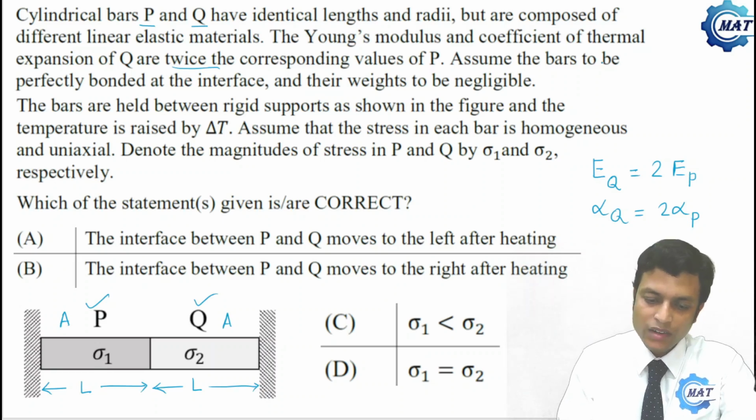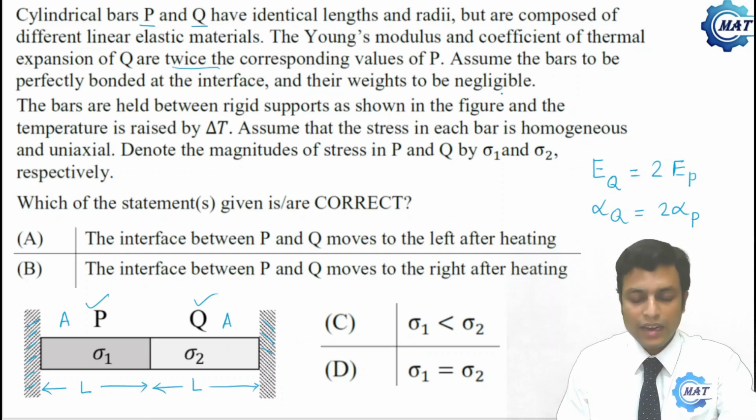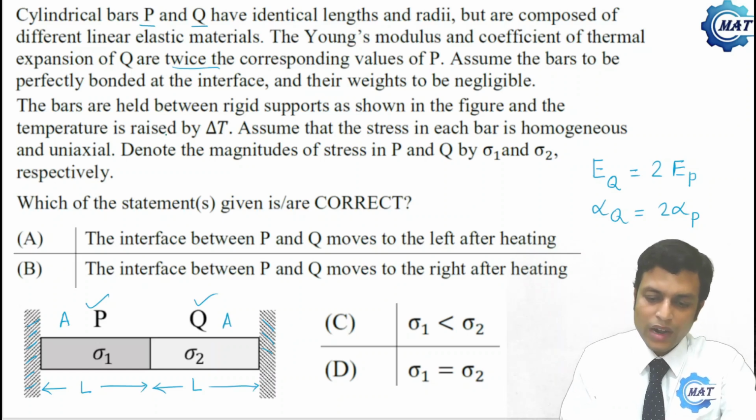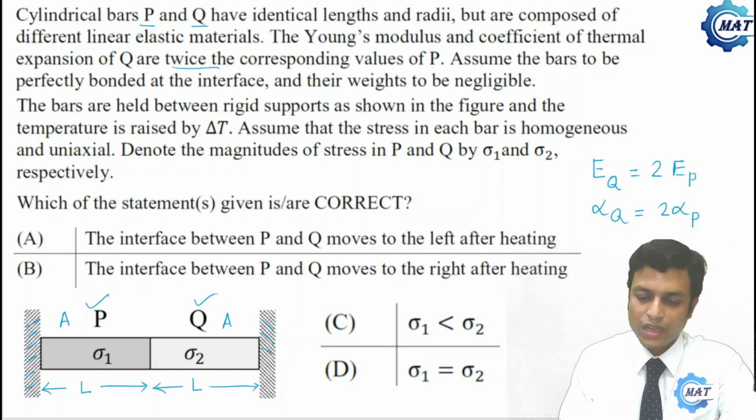Assume the bars to be perfectly bonded at the interface. So these are two interfaces perfectly bonded, and the bars have negligible weights. The bars are held between rigid supports.